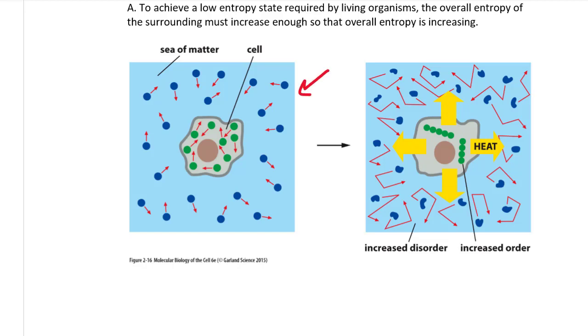Then you can see that by ordering the cell, by creating this ordered system, heat is going to be released, and overall, the surroundings will become more disordered. So you have increased order within, increased disorder without, and overall, you're increasing disorder. This is how order is achieved, by disordering the surroundings even more while achieving order within a specific area.